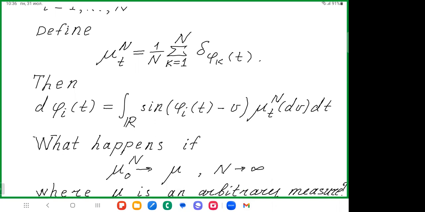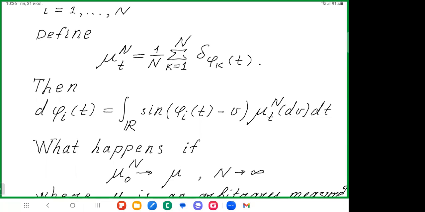Which form will it get, and what is the solution of our equation for arbitrary initial measure mu 0, and in which sense will the solution of the initial equation tend to the solution of the limit equation? This is the main set of questions which we will discuss.